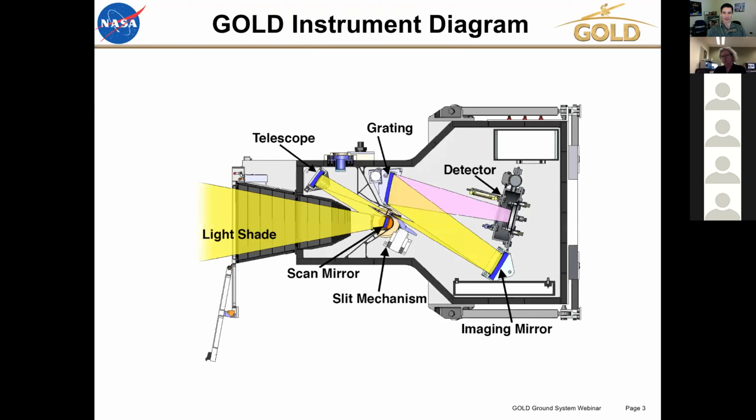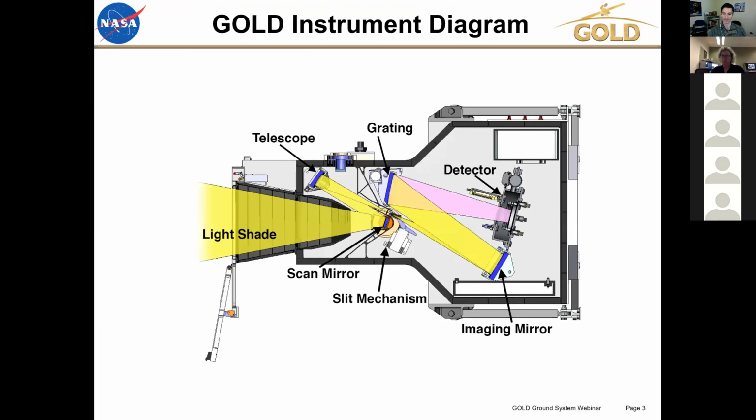And one of the things that I'll add to that as well is there is a component of space weather involved in the science objectives of the GOLD mission. So we're looking at how the sun affects the Earth's upper atmosphere and how it responds to variable solar inputs. And so not only the atmosphere, but also our assets in space, GPS and radio communications and things of that nature are greatly affected by varying energy input from the sun.